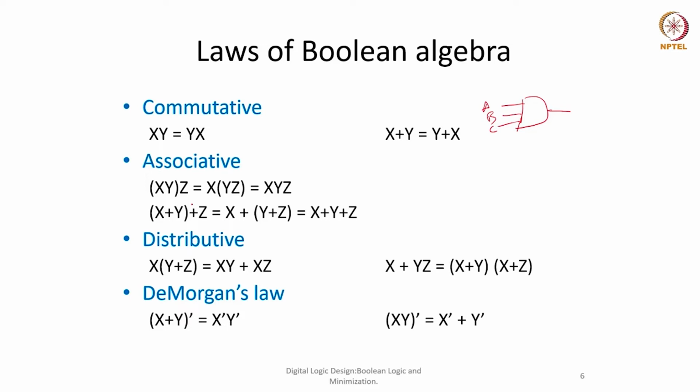It doesn't matter what the order is, whether I am doing this AND gate like this, or I am doing this AND gate like A, B, and doing another AND. So all of these things are equivalent.